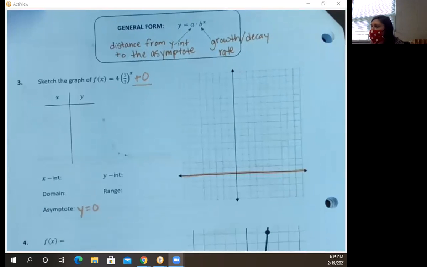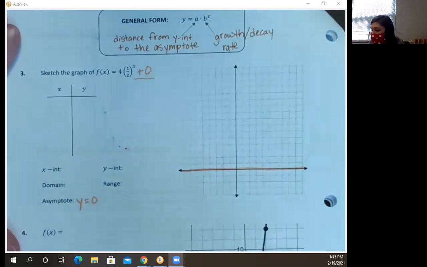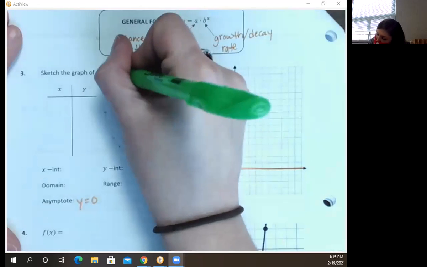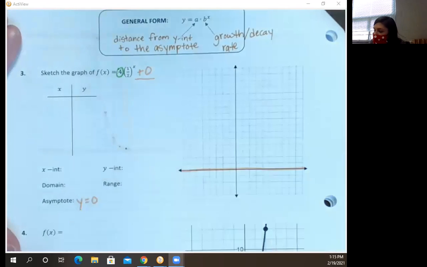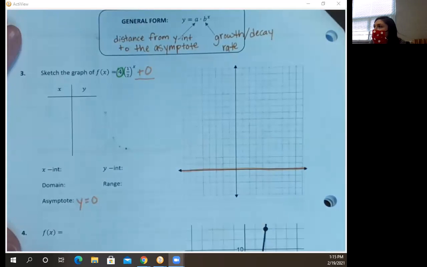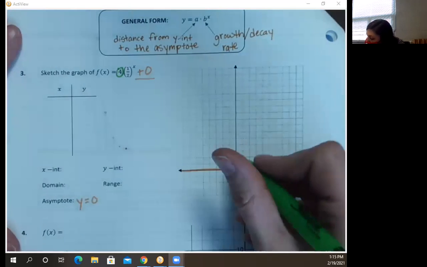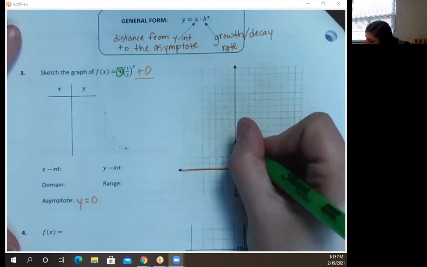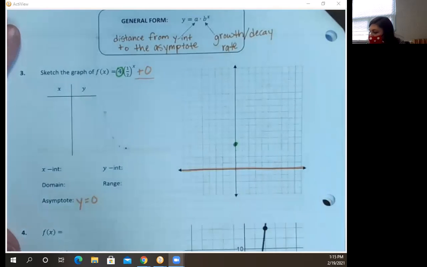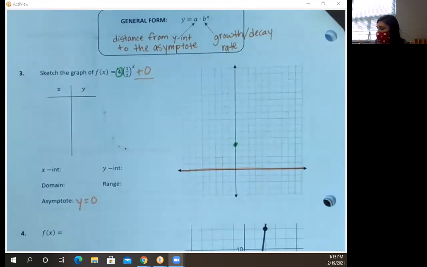The next thing I'm going to look at is where should my y-intercept go? Well, remember that's our lead coefficient that tells us where our y-intercept goes. It's going to go 4 spots above the asymptote. So 1, 2, 3, 4. There's our y-intercept.